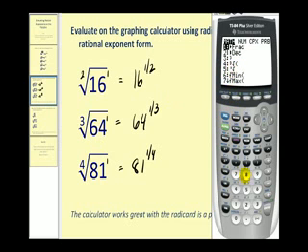So we're going to select option 5, and then enter the radicand, which was 81, and press enter. The fourth root of 81 is equal to 3. So any index higher than 3 is going to have to be entered in this way. Or using rational exponents, we can just type in 81 to the power of 1/4.